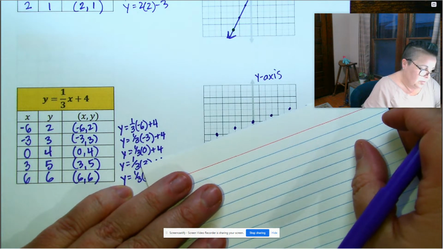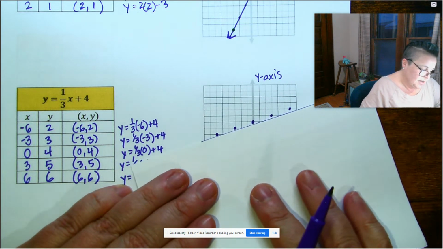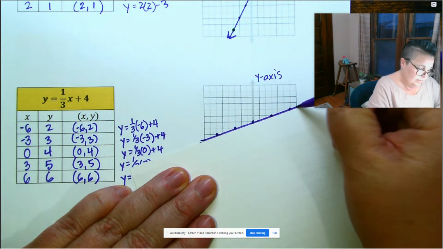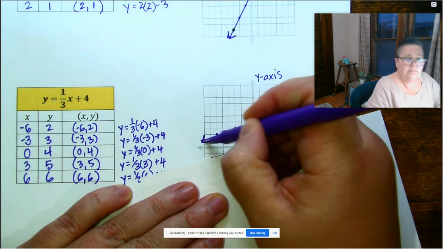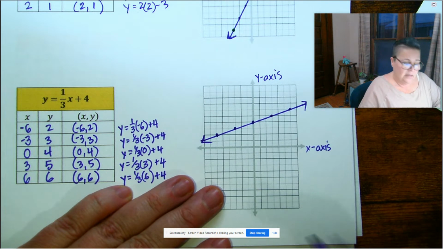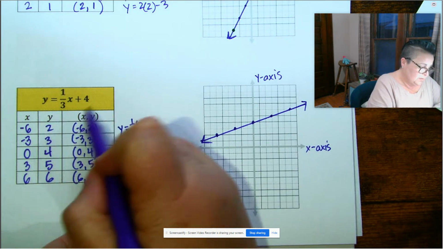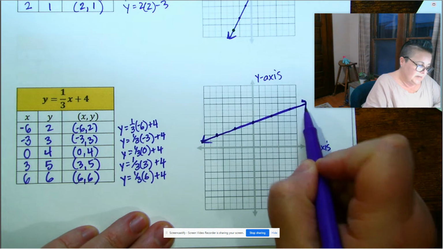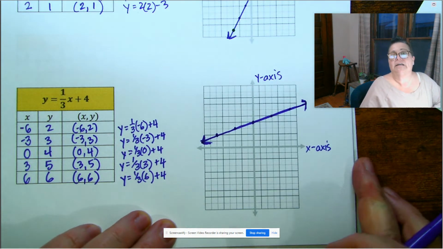Once I have those points, I will take a straight edge and graph it. There we go. There is the equation of the line. Now, all of the solutions to this equation are represented by this line, even if they are points that I did not find.